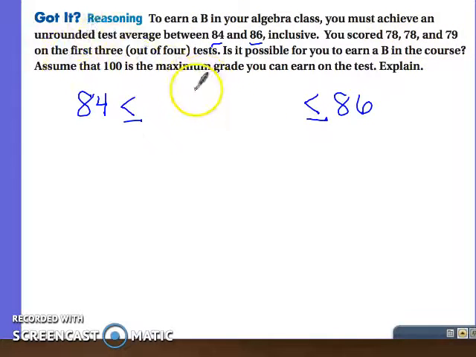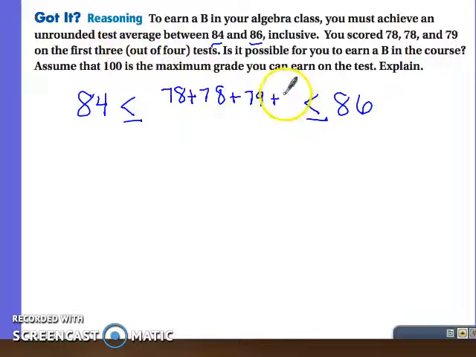They're also an average. So how do you find the average? Well, you add up the test scores and you are going to divide by however many test scores. Well, there's 4 test scores. So they'd say they got a 78, 78, and a 79. But we don't know that third or fourth one yet.